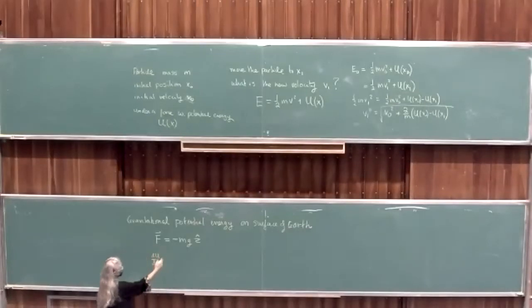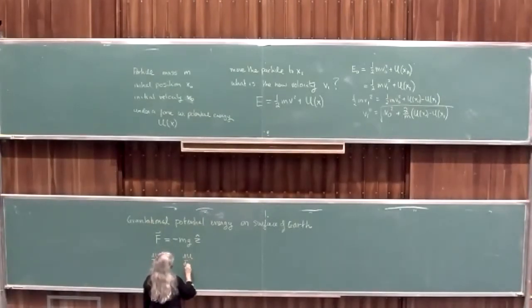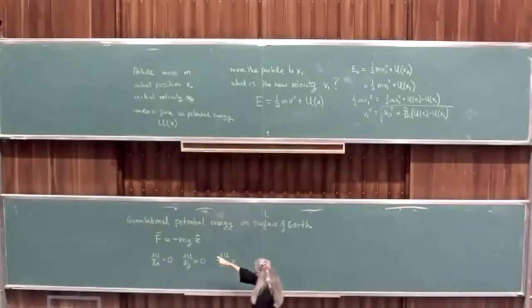So dU/dx: F doesn't have any x direction component, so that's 0. So U doesn't depend on x. That's easy. dU/dy likewise is equal to 0. So dU/dz is going to equal minus mg, right?